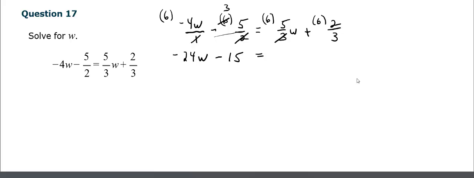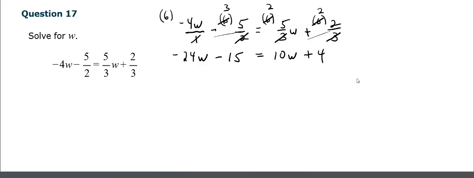Next, 3 goes into 6 2 times, and 2 times positive 5w is positive 10w. And last, 3 goes into 6 2 times, and remember your sign. 2 times positive 2 is positive 4.